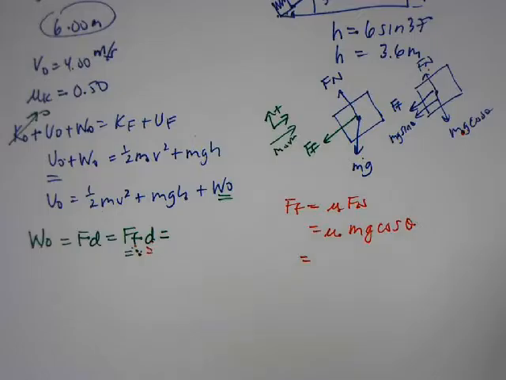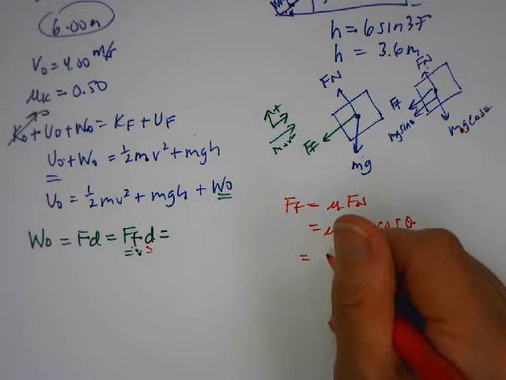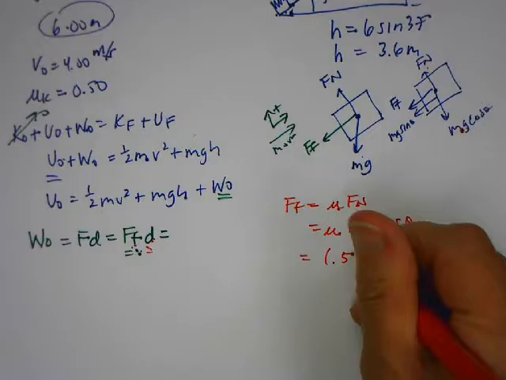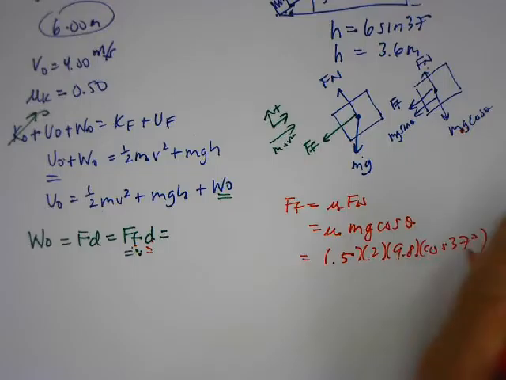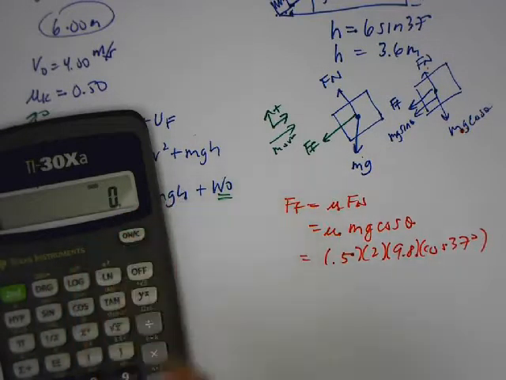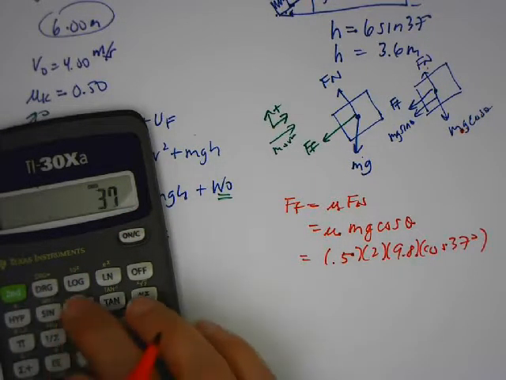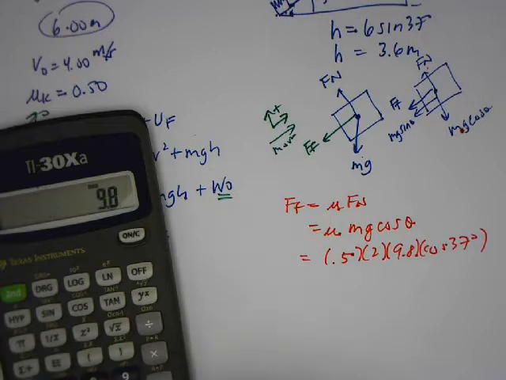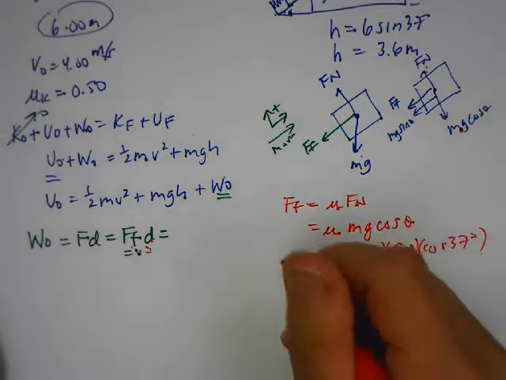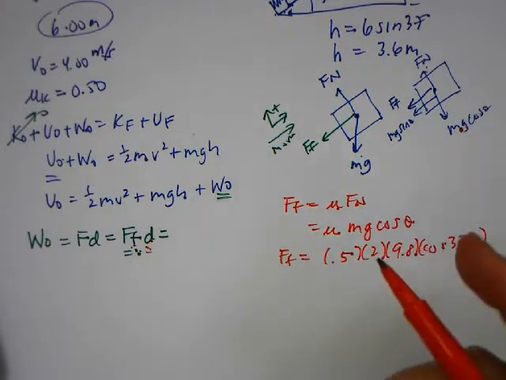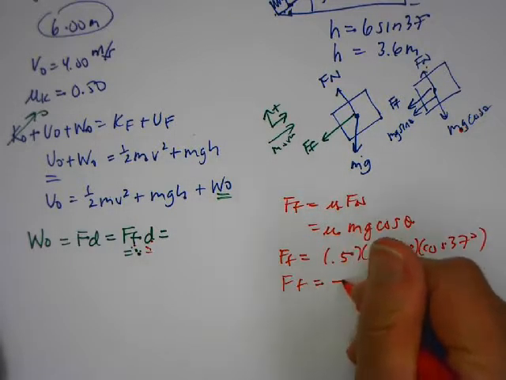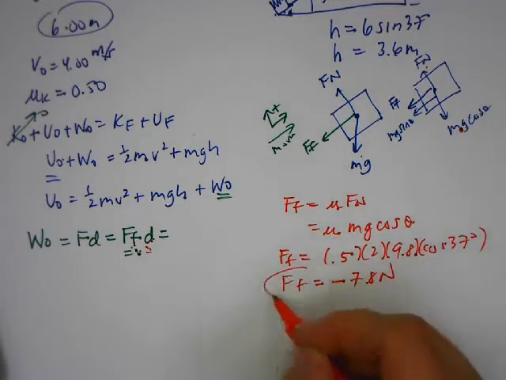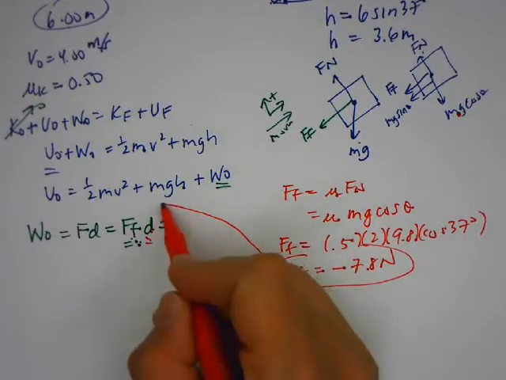So this really isn't that hard. So then, what is 0.5 times 2 times 9.8 times the cosine of 37 degrees? So 37 cosine times 9.8 times 2 times 0.5 equals 7.8 newtons. Now remember, the work done by friction is negative. So F of F comes out to be negative 7.8 newtons. So now I know F of F, so I put that in here.